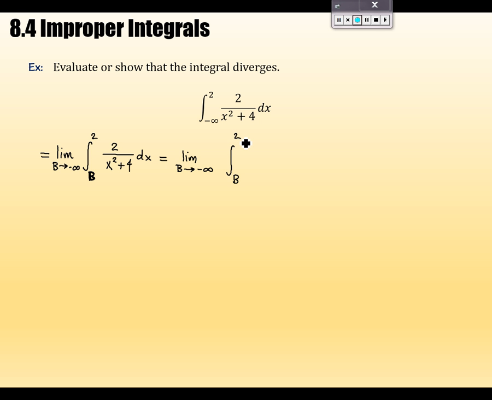Because it's tan inverse. So I'd like that to be a 1. So I'm going to divide through by 4 on the top and bottom of this fraction. Up top I'll get 1/2. And on the bottom I'll get x squared over 4 plus 1, dx. Believe it or not, that's a better situation.